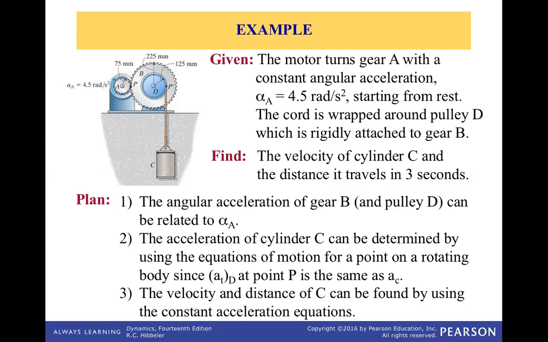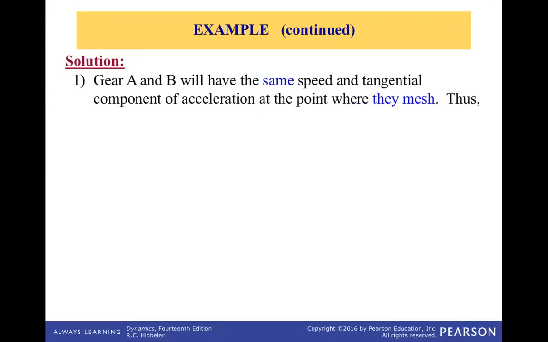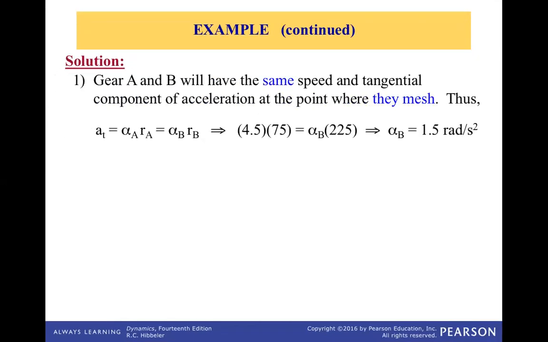You can calculate the velocity at point C, and then also the distance traveled. So the velocity at point C should be the same as point P, or P prime, listed there, okay? So we'll take a look at the solution here quickly.